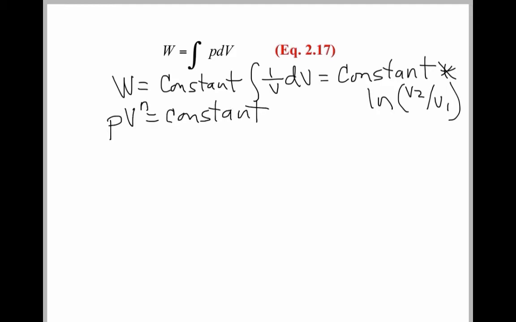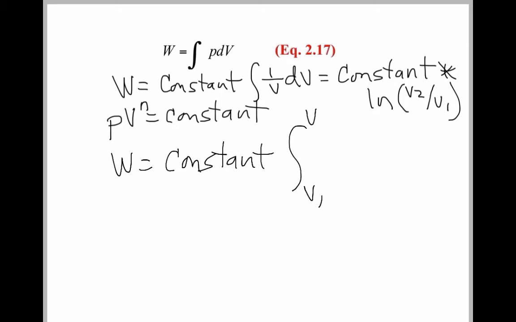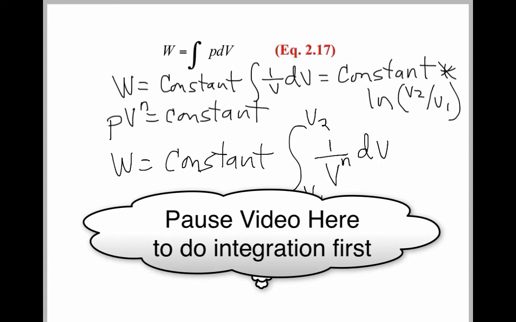I think you can see then that the work is going to be the constant times the integral from V1 to V2 of 1 over V to the n dV. So before you move on to the next page, please go ahead and figure that out by yourself. What is that answer? You ought to be able to do that without having any additional guides.